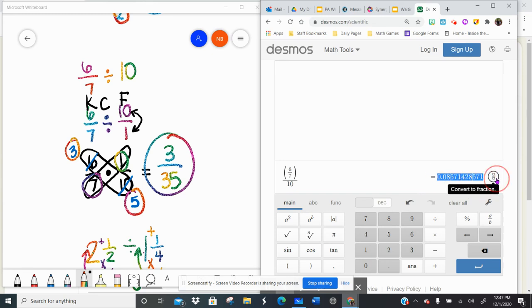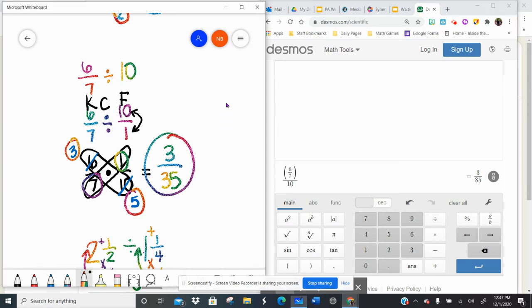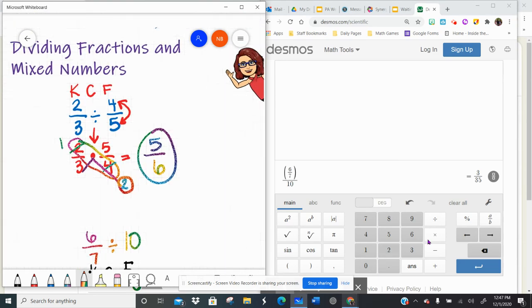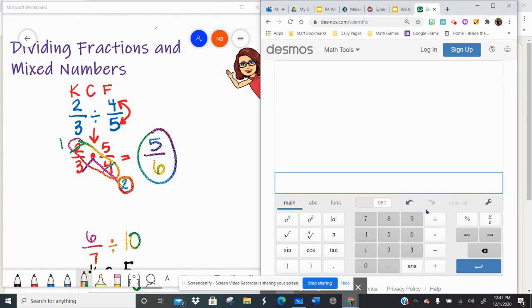Oh no, let's convert it. 3/35, 3/35. So that answer was correct. Let's check the top one, make sure I was right. Parenthesis, 2/3, move my cursor out, put the parenthesis again, divided by 4/5. Let's convert that. 5/6, boom, I know I'm right.